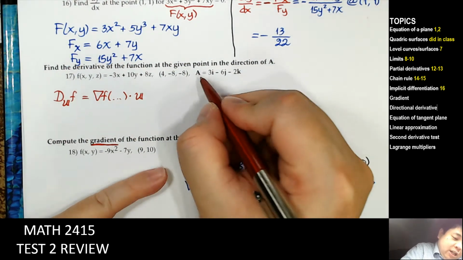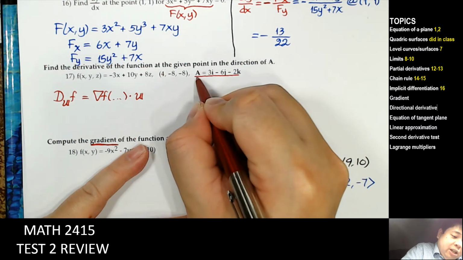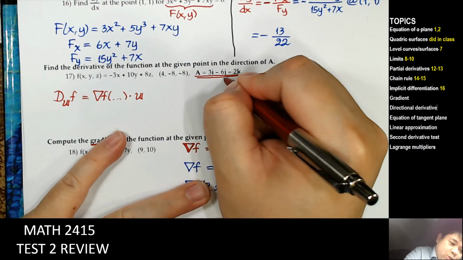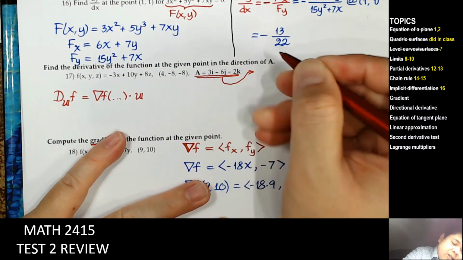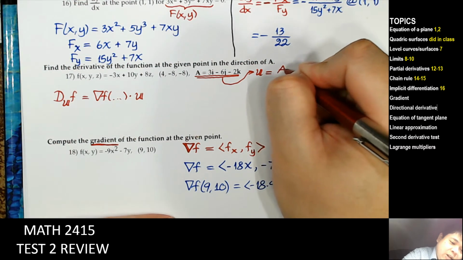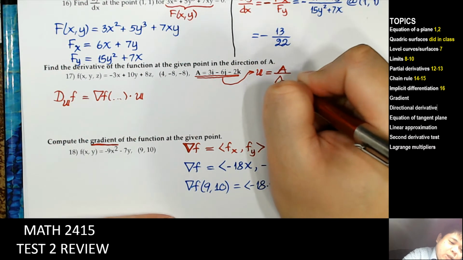It has to be the unit vector. The vector given here is not unique. It's not a unit vector. So we have to turn that into a unit vector. We take the vector divided by its magnitude.